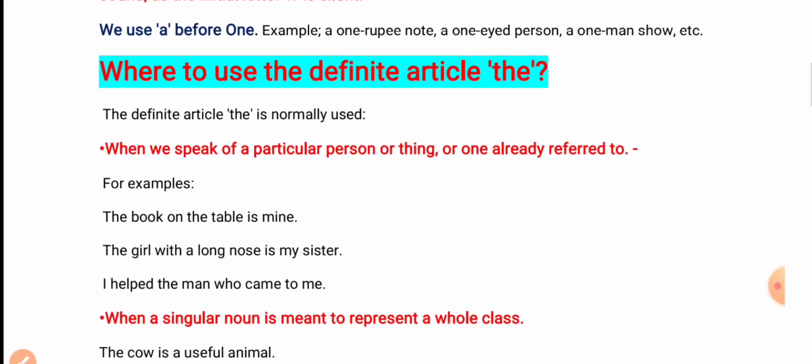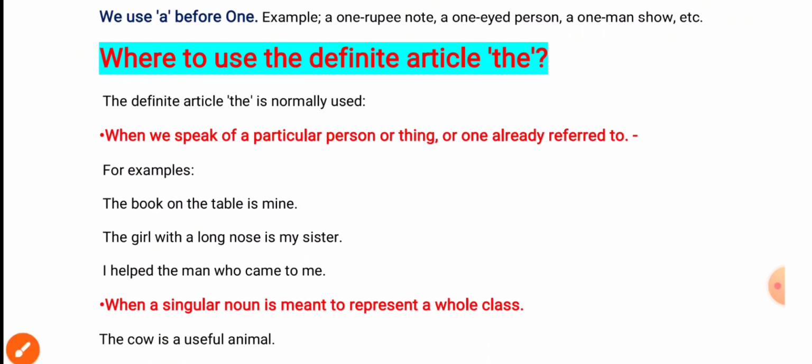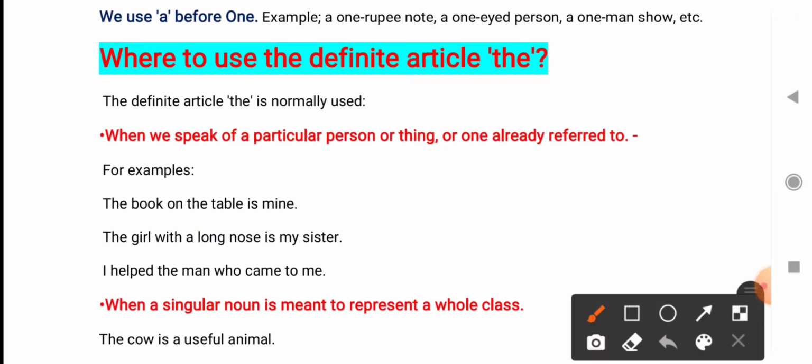Definite article the. Here we learn about where to use the definite article the.